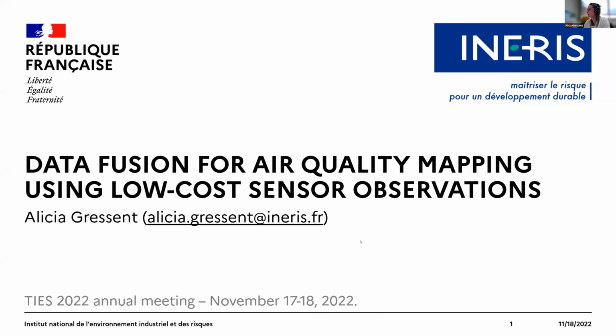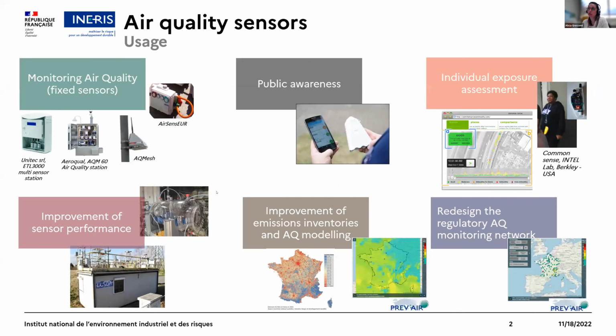It's a pleasure for me to present our work today on data fusion for air quality mapping. We use local sensor observations to do that. Local sensors can be used for various applications. The most important ones are mainly the monitoring of air quality by using fixed sensors or very small stations. We use sensors for public awareness, but also individual exposure assessment. The sensor data can be used for the improvement of the sensor systems.